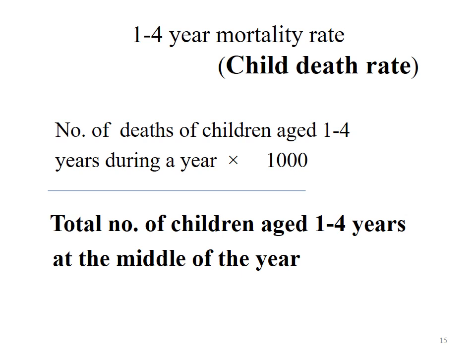So the total number of such deaths in a given area in a given period, multiplied by 1000 divided by the total number of children of this age group. This is a proper rate. So we divide the child deaths by the total number of children of the same age group in a given area during this period.